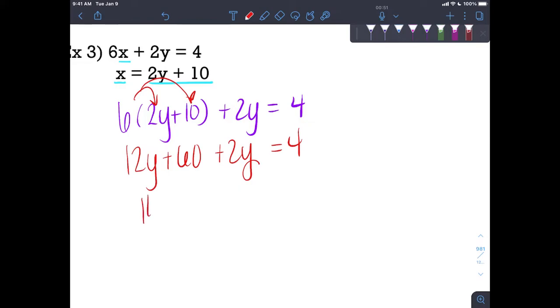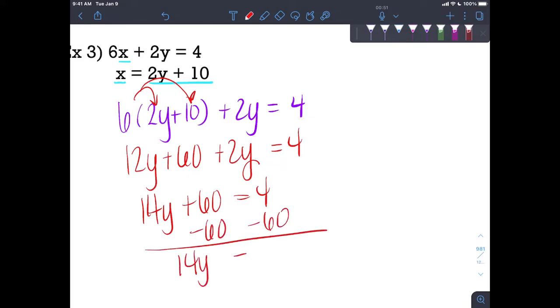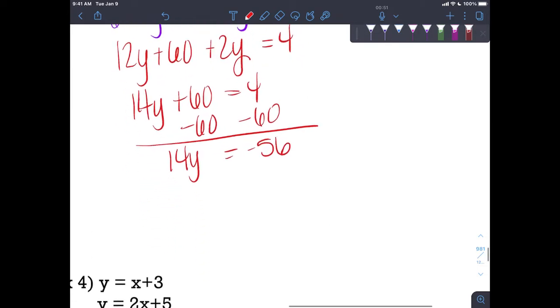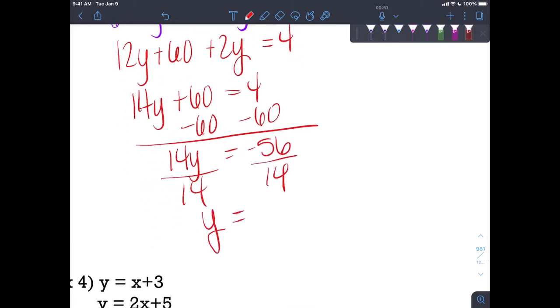I'm going to combine like terms. I'm going to do an exciting move. And, of course, a great divide. I end up with an answer of y equals 4.